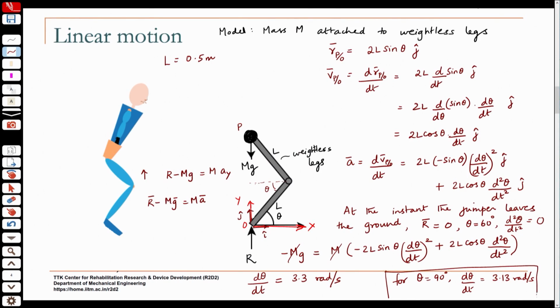Will that make sense? That is where you have to see what conditions are practical for the problem. It is more likely that you will take off at theta equal to 90.